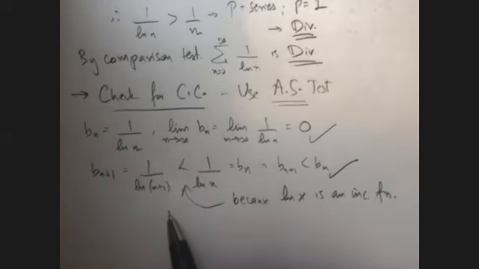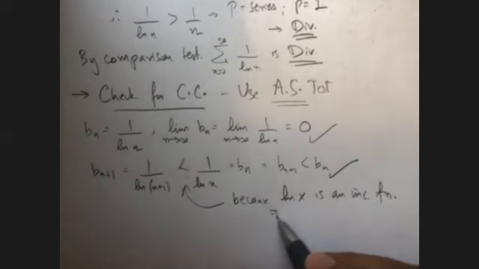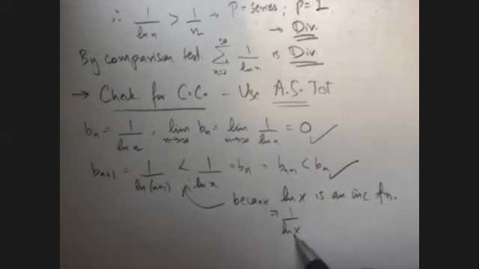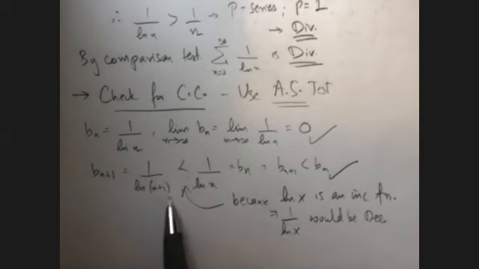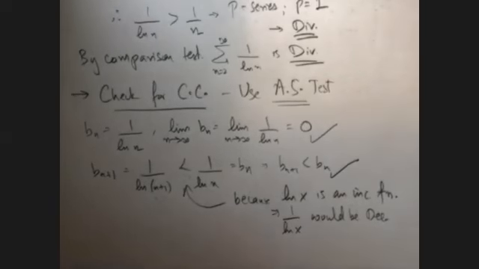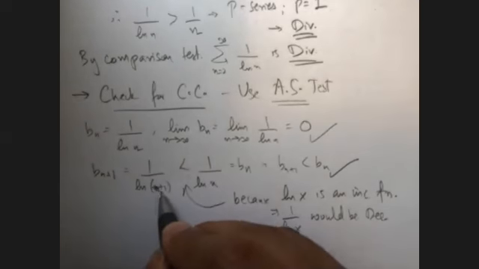So 1 over ln x would be decreasing, which is why 1 over ln(n+1) is less than 1 over ln n.